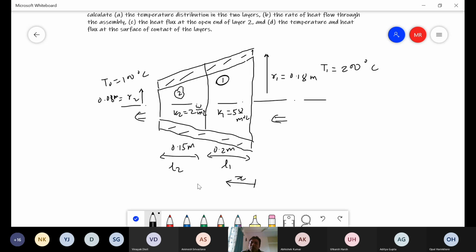So clearly my heat transfer area is varying, and therefore I need to make a shell balance, even though there is no accumulation term and no generation term. So please make a shell balance and then we will move to the next part. Can you please do a shell balance? Hello? Yes, sir, we are doing.